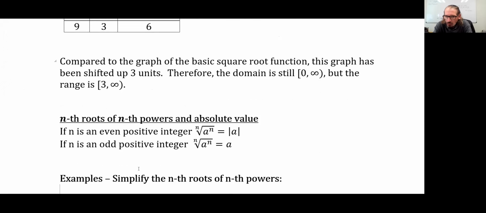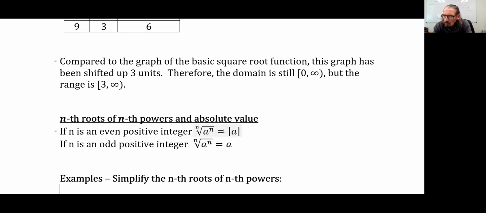Okay, I want to state and then give some explanation as to what's going on here. Roughly speaking, having something raised to the nth power and then taking the nth root of that, if we think about the definition at the very beginning, they're going to cancel each other out.